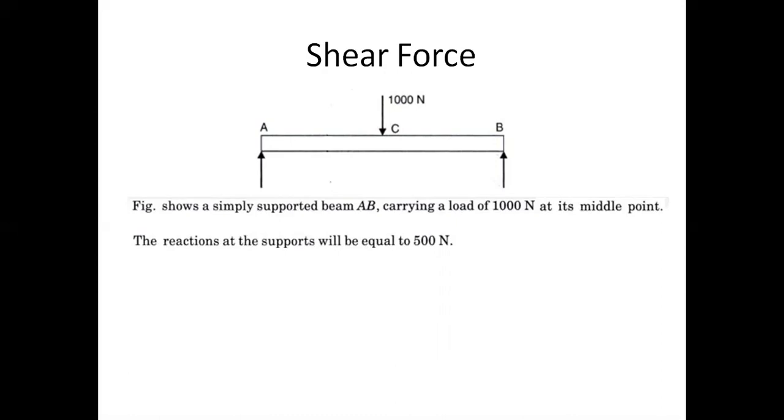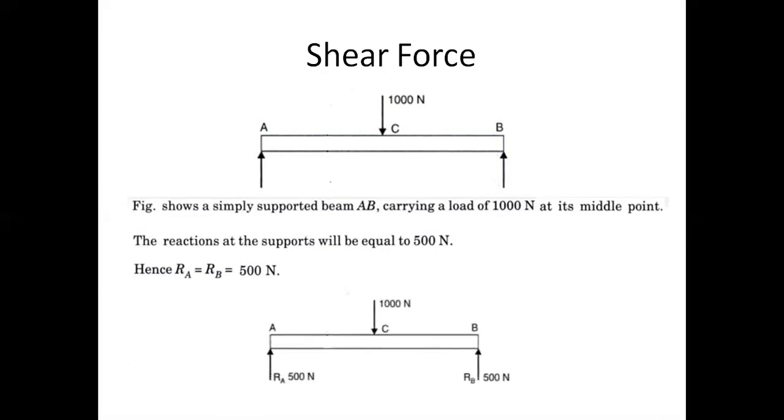Therefore, the reactions will be 500 newtons each, because the total load is 1000 newtons. Because the load is at the middle point, each support bears 500 newtons. If it is not at the middle point, then the load distribution will vary. So the reaction at A and the reaction at B will be 500 newtons each. We can say simply RA and RB like this.